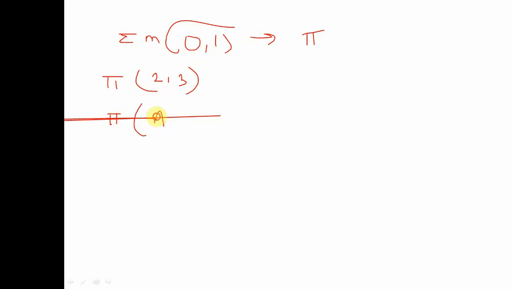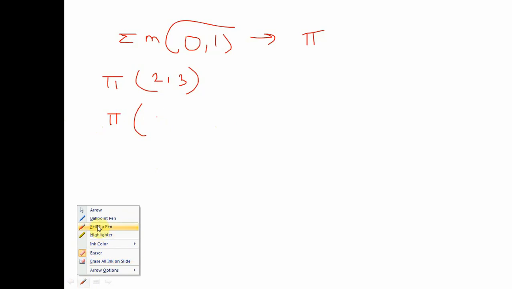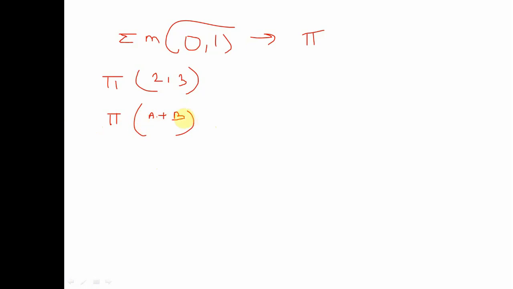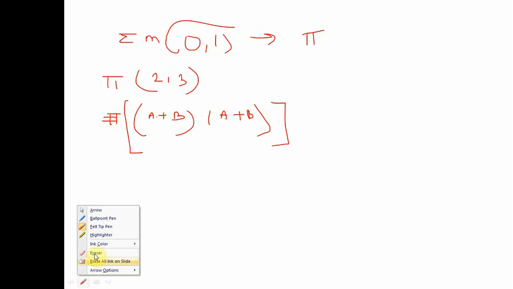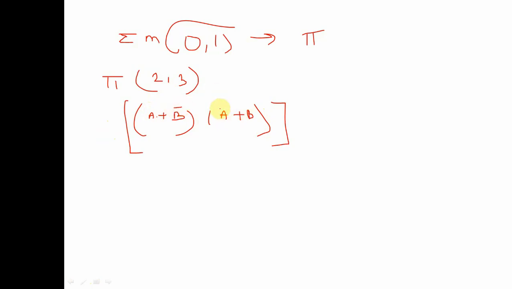2 is nothing but A plus B. Here the standard variable is A plus B. But in these equations, 2 is nothing but A plus B bar and 3 is nothing but A bar plus B bar.